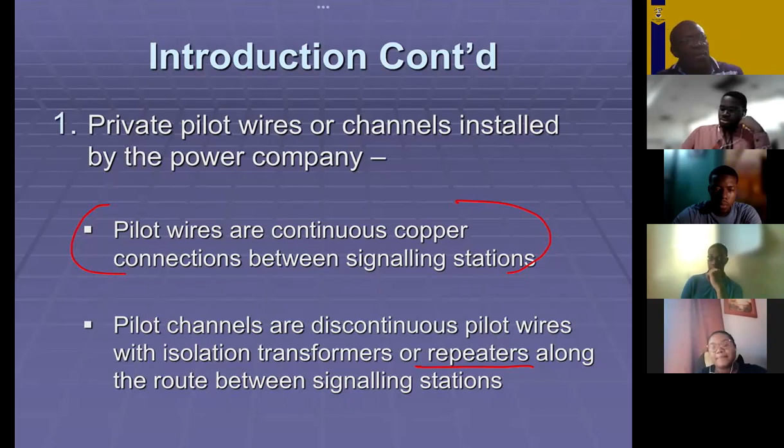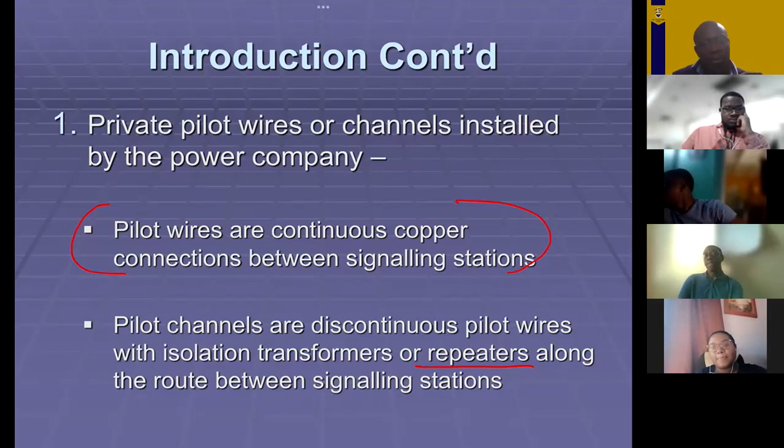Why was the low threshold important? And I'm saying all of this because it will impact what we do with our tripping schemes. The low threshold is there because if you're transmitting over copper, you're dealing with interference from external sources.